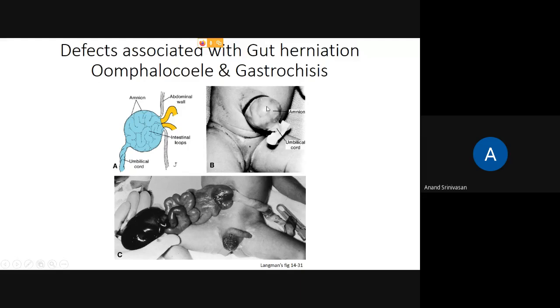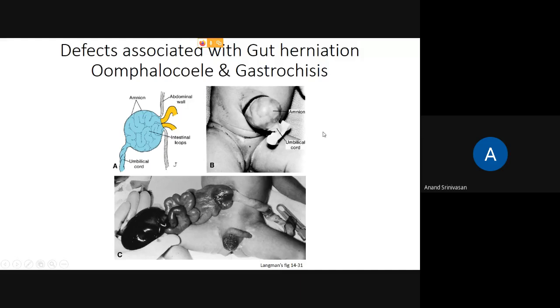This condition where the amnion covers the midgut is called omphalocele. Here there is midgut protrusion covered by amnion, whereas in gastroschisis there is midgut protrusion but it is not covered by the amnion.